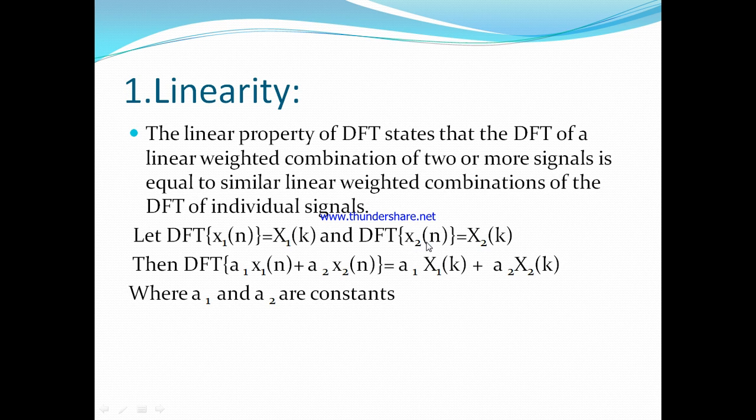And x2 of n is another sequence, and the DFT of that signal will be X2 of k. This is a linear weighted combination of two signals. Its discrete Fourier transform is equal to the linear weighted combination of the DFTs of the individual signals. Here A1 and A2 are constants.